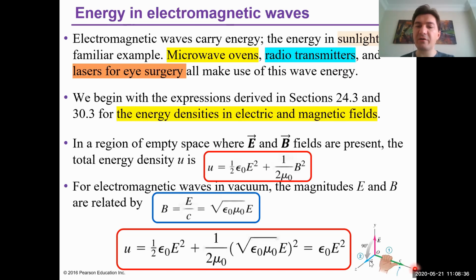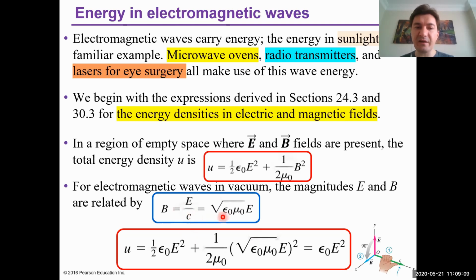So what about the total energy density of the electromagnetic wave? Then I can use both of them. This is for the electric field and this is for the magnetic field. So energy travels in these forms in electromagnetic waves. Here we have B, and B is given by E over C. We know this from the previous lectures and also transparencies.